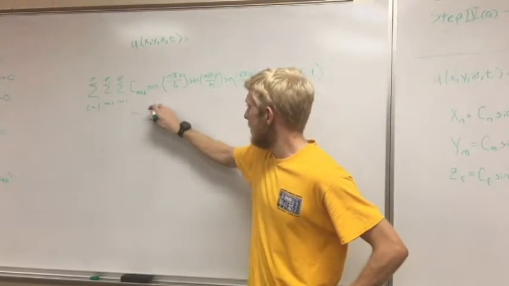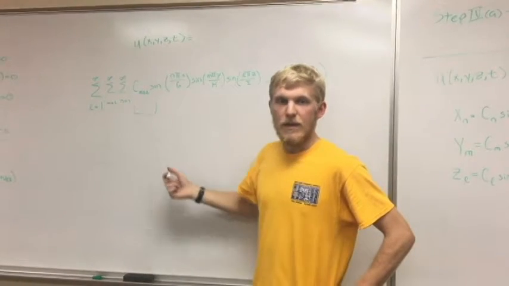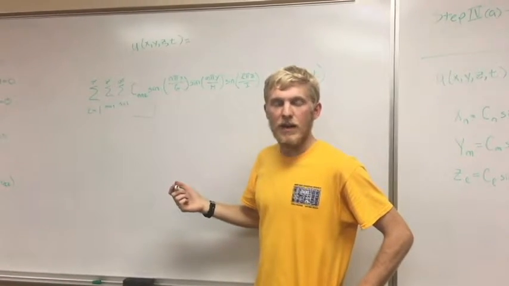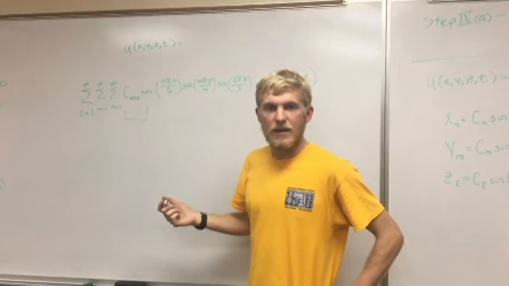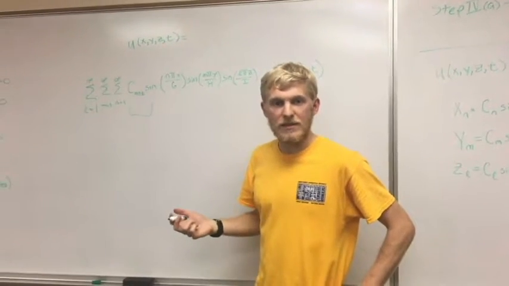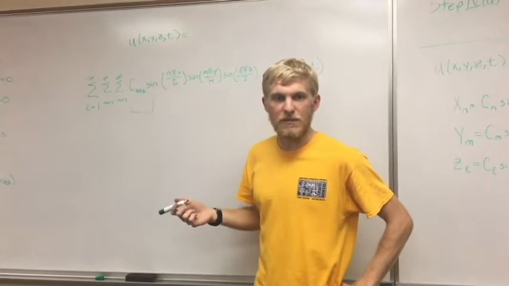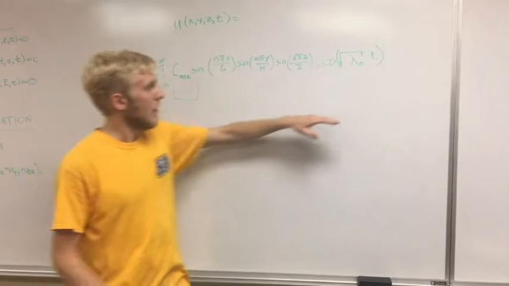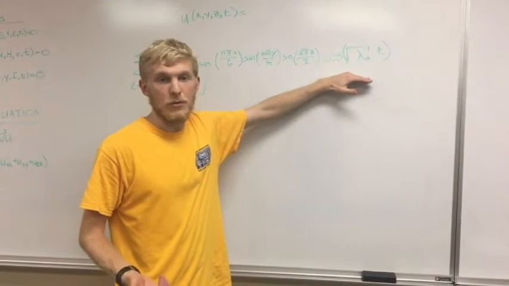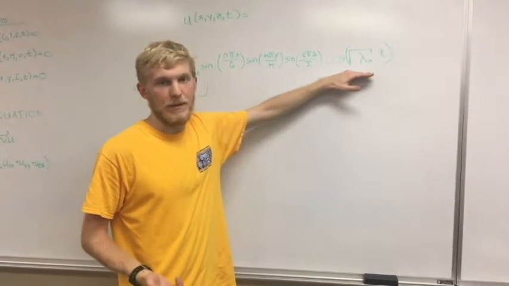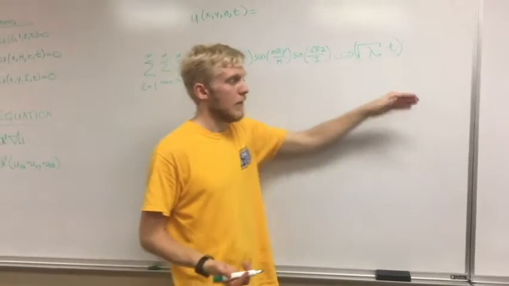This constant here, c_nml, can be solved by applying the second initial condition where u of x, y, z, 0 is equal to some function of x, y, z. So when t is equal to 0, this term goes to 1 because it will be cosine of 0.